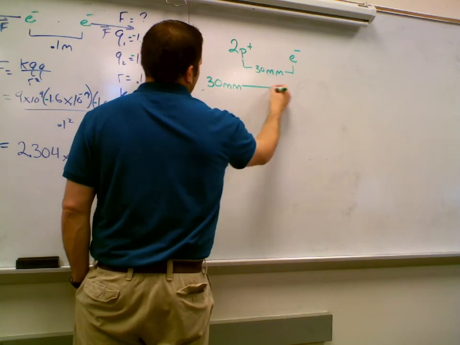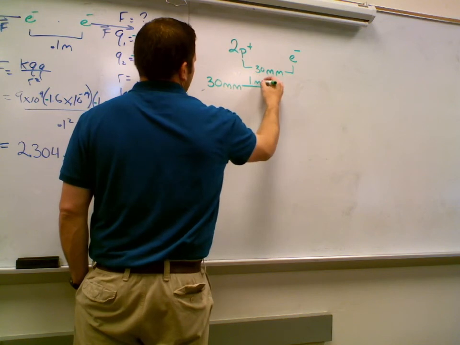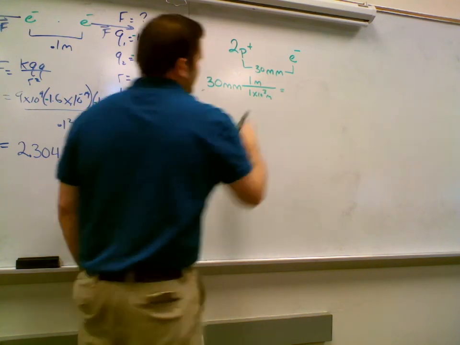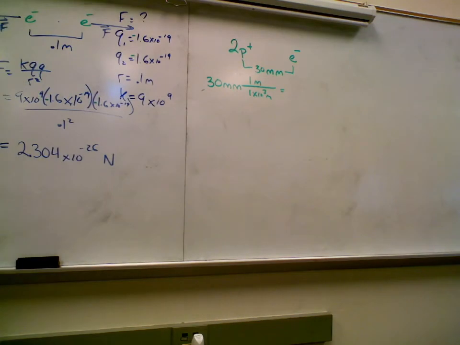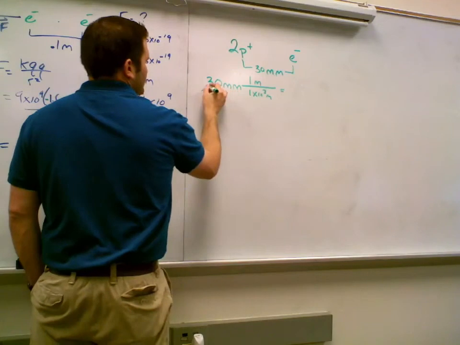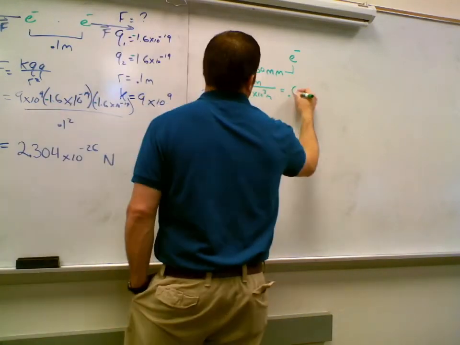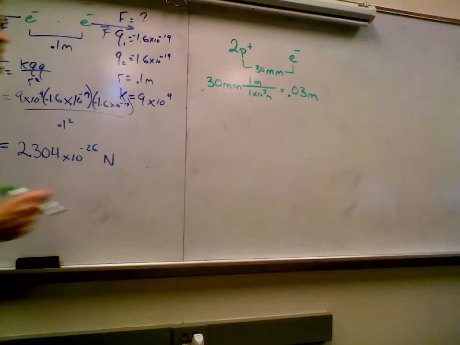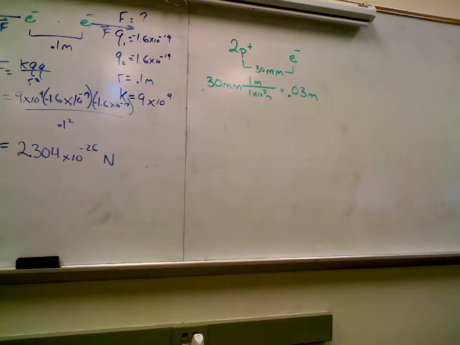We know 1 millimeter is 1 times 10 to the negative 3 meters. So 30 divided by 1 times 10 to the 3rd. Move the decimal place 3 spots. 1, 2, 3. 0.03 meters.